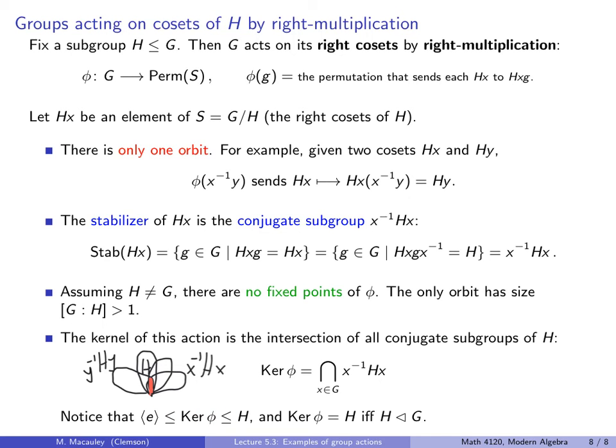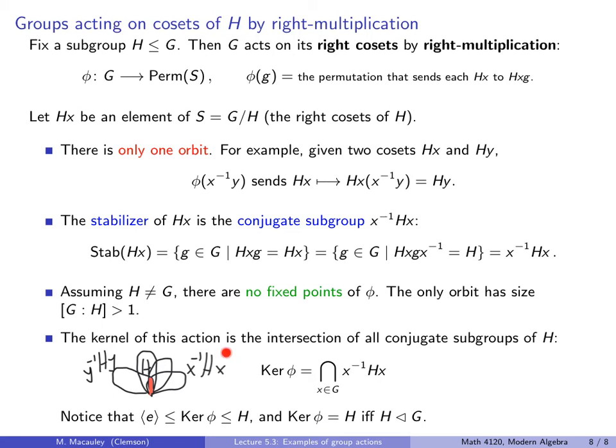And secondly, the kernel is all of H if and only if H is normal. Well, if H is not normal, then we're going to get some of these subgroups which do not lie in H, which are different, and the intersection will be smaller. But if H is normal, then all of these subgroups are actually H. So when we intersect them all, we just get back H itself.